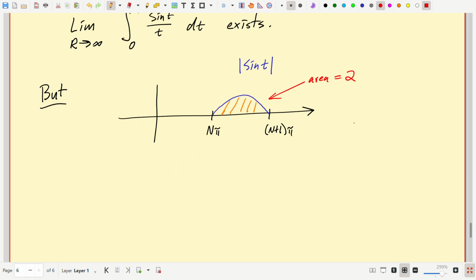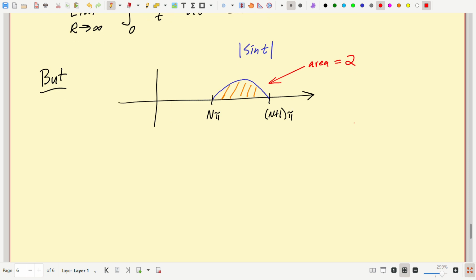And so now I think about sine of t over t. Let's see, I have n pi is less than or equal to t, is less than or equal to n plus 1 pi.